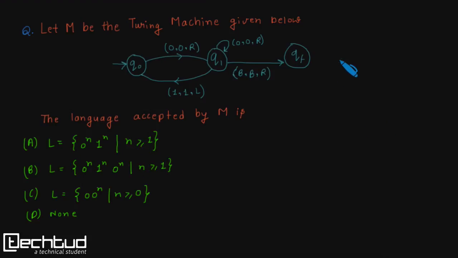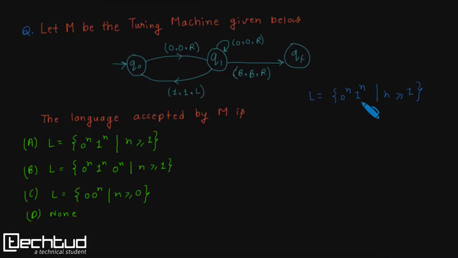The first language is L = 0^n 1^n, where n is greater than or equal to 1. That means a sequence of 0s followed by a sequence of 1s.